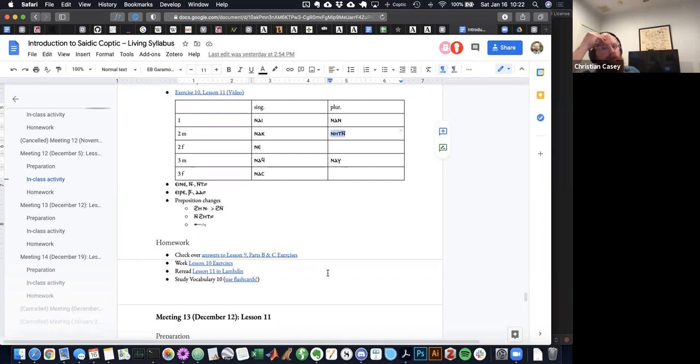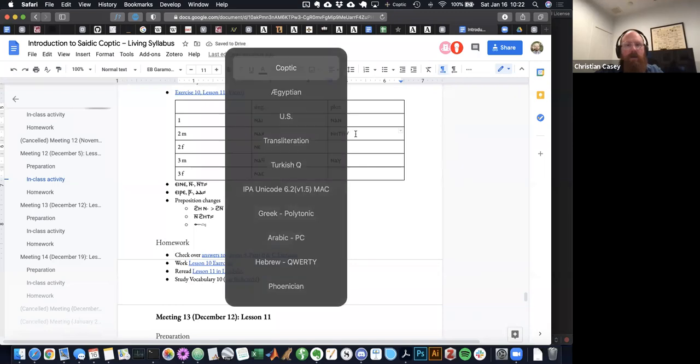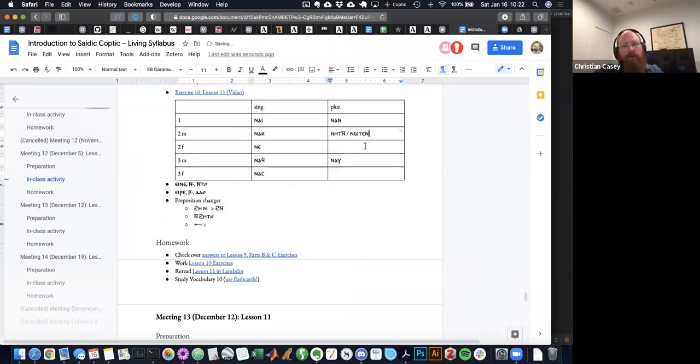I have no idea. That's something I've been wondering about for a while. It is Nathan in Saidic, and it's Noten in Bohairic. The O vowel actually makes perfect sense if it were originally an A vowel, and then here it is stressed in an open syllable. We would expect omega.